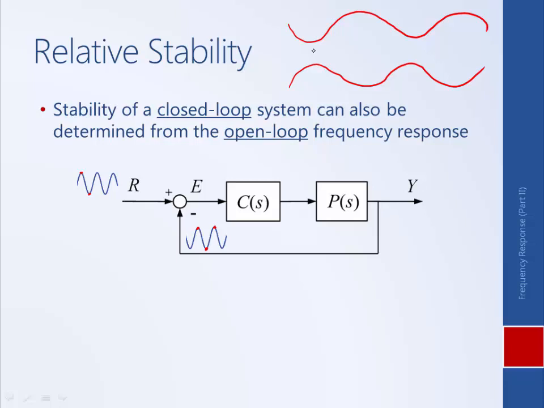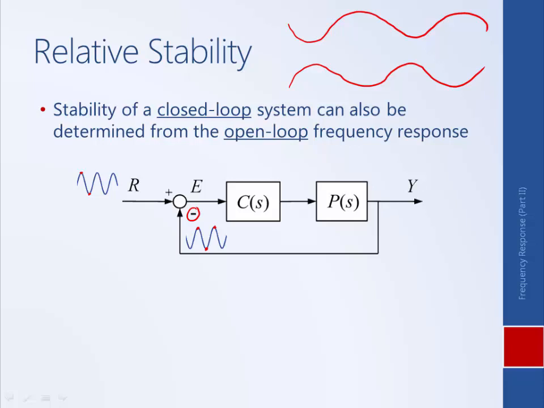This is -1, it adds to +1, so the sum is just 0. But in this case, we're not simply adding the feedback signal to the reference. We have a negative feedback system, so we're subtracting them. So when we do the subtraction, in essence we get constructive interference.